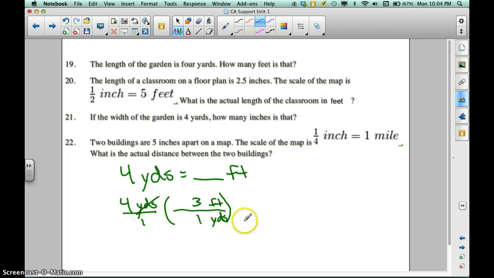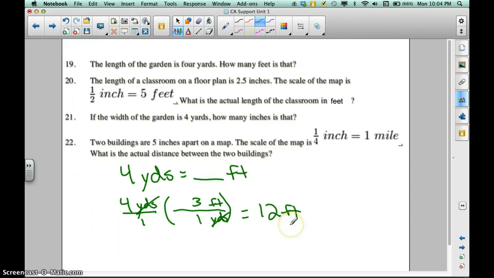Yards over yards cancels, and you multiply everything else straight across. Since it's over 1 and there's nothing else left in the denominator, we don't need a denominator. 4 times 3 is 12 feet. So 4 yards is equal to 12 feet.